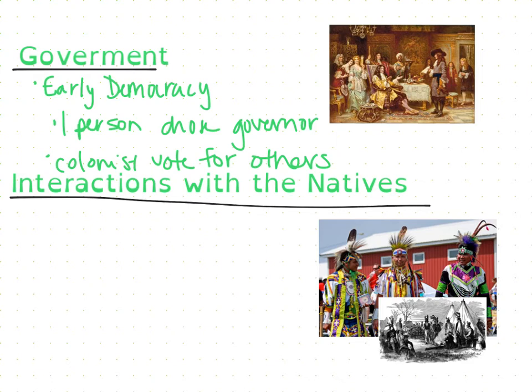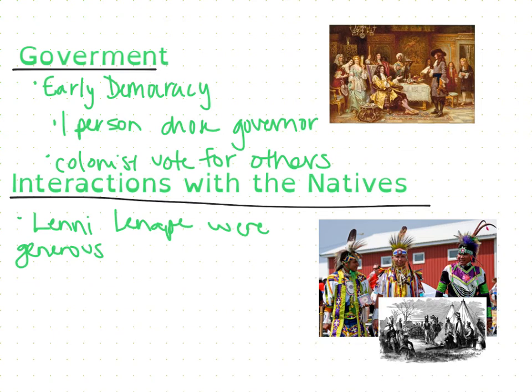All right, so let's talk about the interactions with the Native Americans. First and foremost, we have a group of Native Americans by the name of the Lenni Lenape. The Lenni Lenape were very generous with the colonists, so we're seeing a friendly relationship.